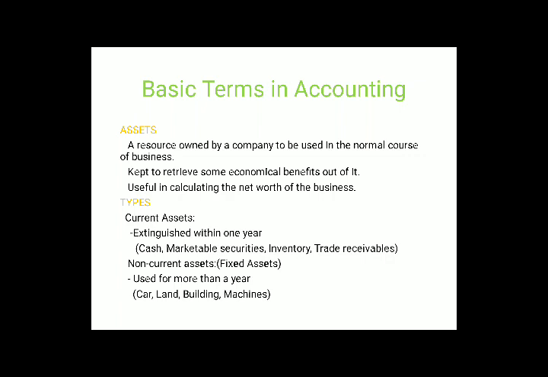All of these are used for the business in its normal course. All of these are used to retrieve some economic benefits out of it. And all of these are used by any business for more than a year. Even if you involuntarily sell your car in less than a year, it is still called a non-current asset because a car in general is a non-current asset. It doesn't matter how long you use it.